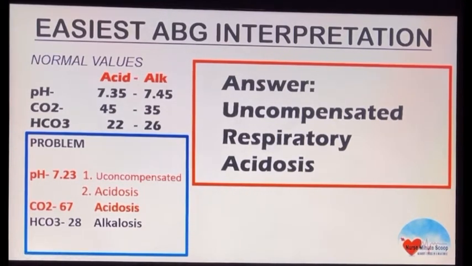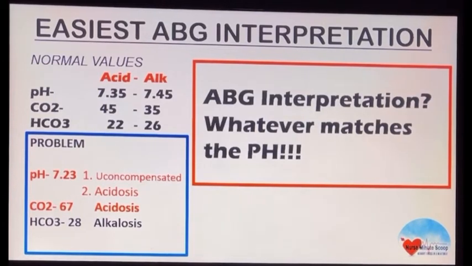After that, know if it's acidosis or alkalosis. Then figure out our respiratory, and see if it's acidosis or alkalosis. And that goes with our metabolic too, with our HCO3, 22 to 26. Know if it's acidosis or alkalosis. And our final answer will always be whatever matches the pH.